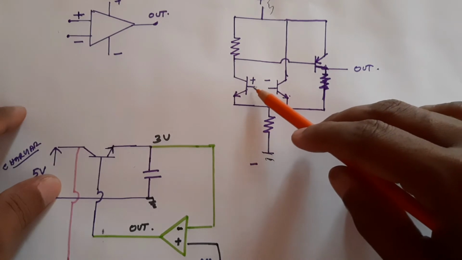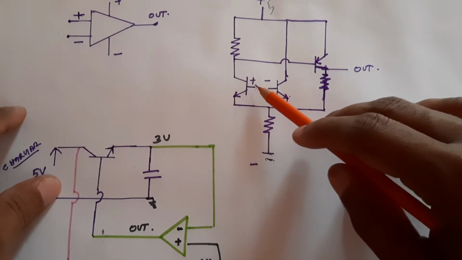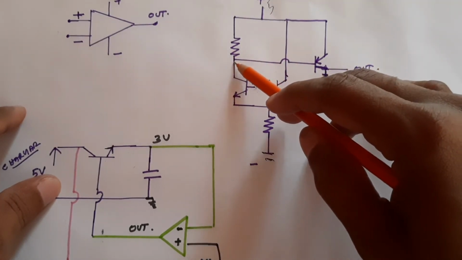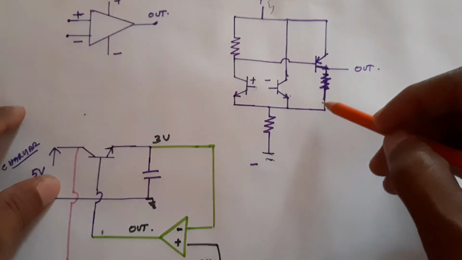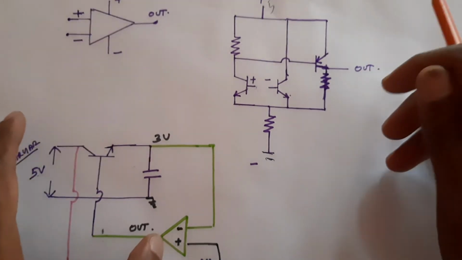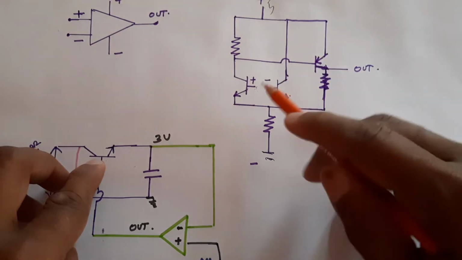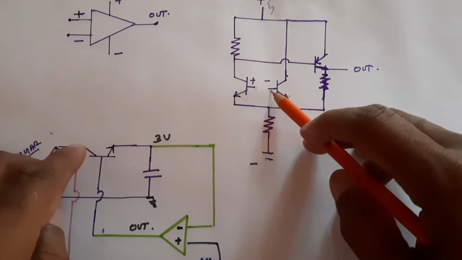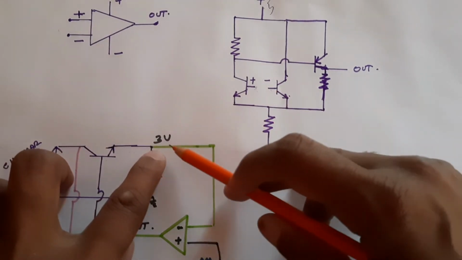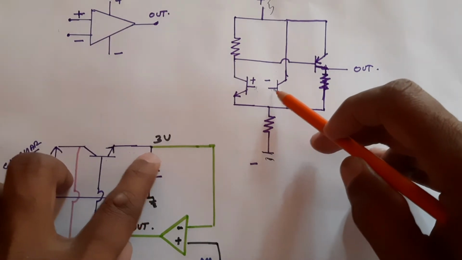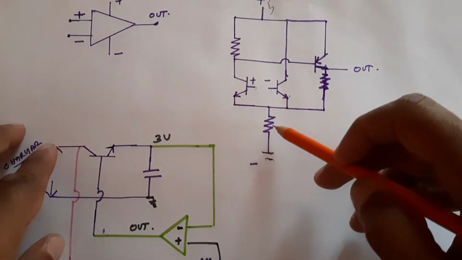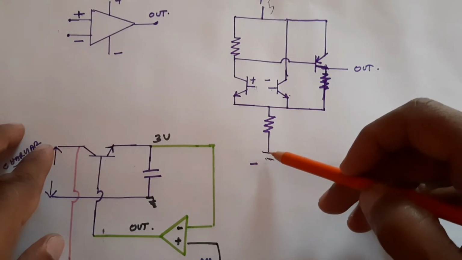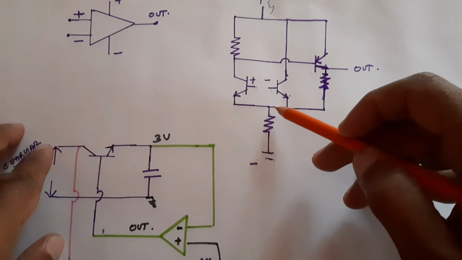When the non-inverting input is high, it conducts heavily, and the voltage available here is less, so this is also on. So more output voltage is available at the output, and the transistor remains on. But instead, when this voltage becomes high, meaning this 3 volts goes on increasing, the electrons from this side find two paths.